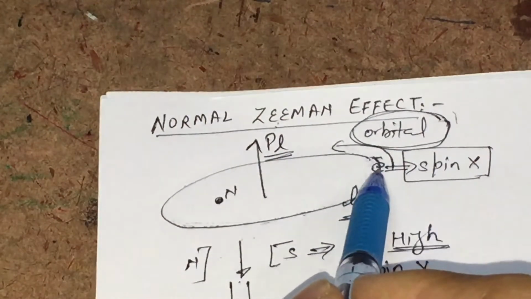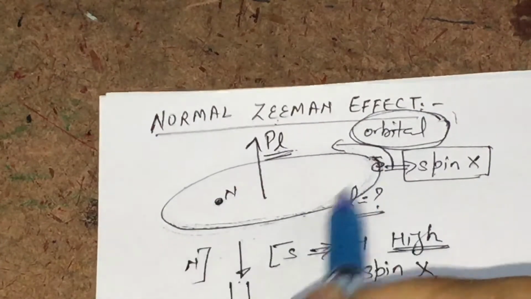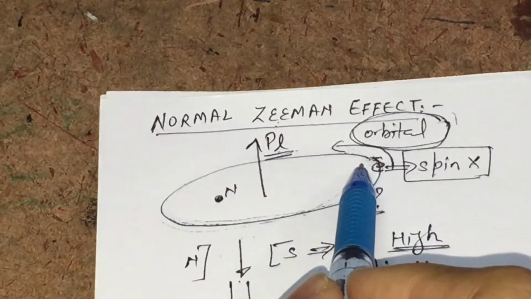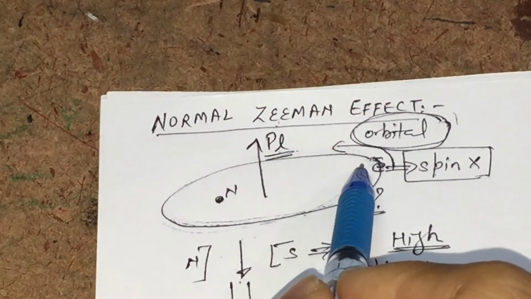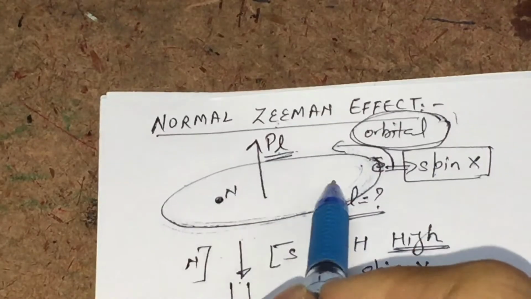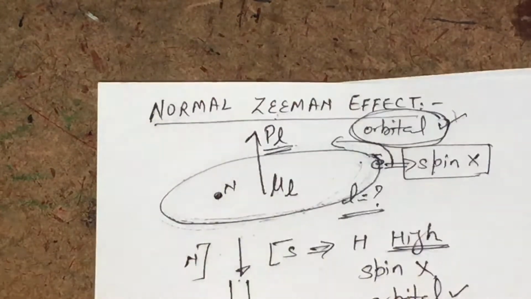This electron has charge, and when this electron is moving in a closed loop, due to that a magnetic moment is also produced, and in our case it is produced by orbital motion.